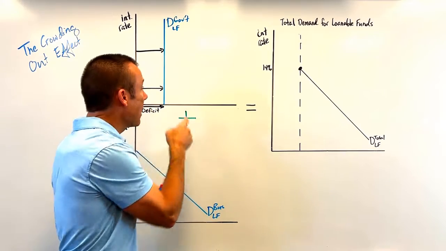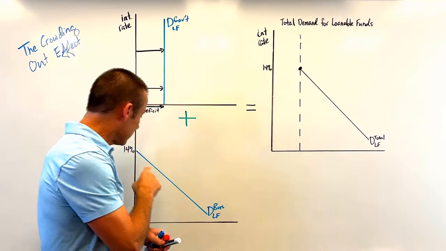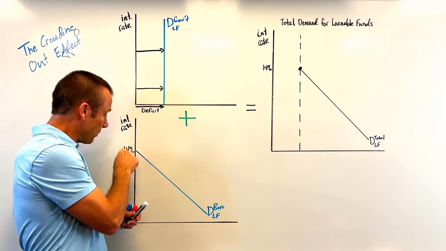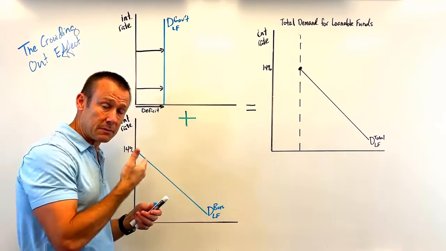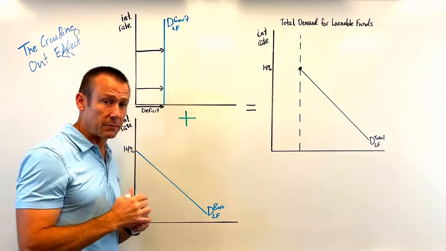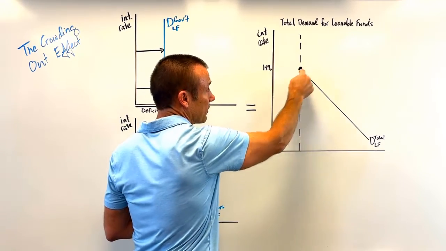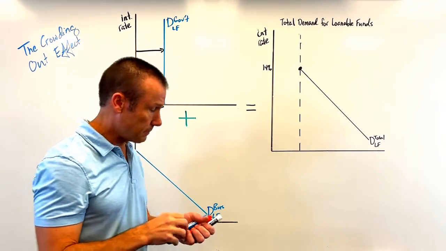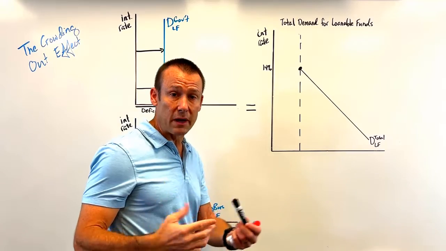Now I'm going to add onto that deficit the business's demand for loanable funds. You can see I have a vertical intercept here, which means if interest rates go above 14%, just staying conceptual here, at least in my model, businesses aren't going to do any investment spending, right? Here, I'm not going to have a vertical intercept. I'm going to have that deficit first, and then I'm going to start the business's demand for loanable funds curve, okay? So this right here is part of the total demand for loanable funds.